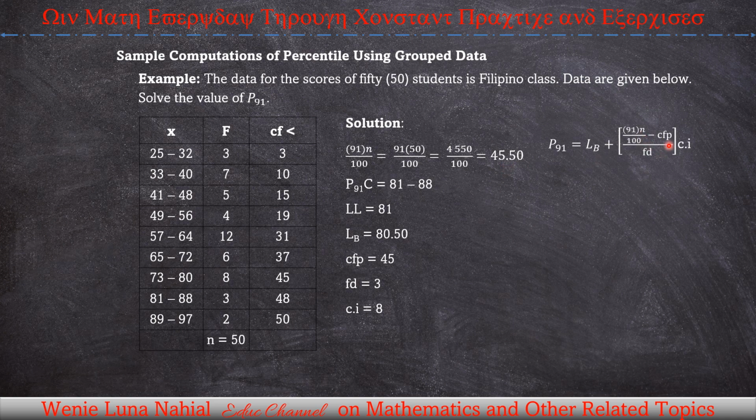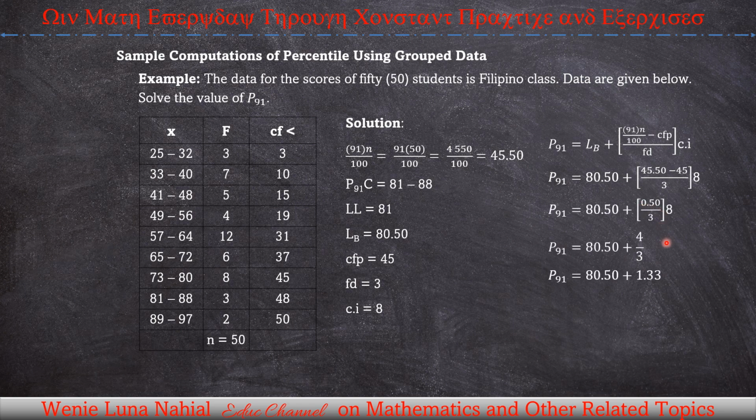Then the CFP by 45. Then the frequency of the percentile class is 3. Okay, so you do the calculation, then you will get 81.83. This means that 91% of the scores of the 50 students are less than 81.83.